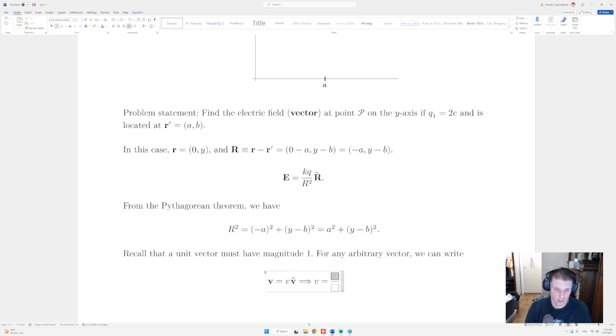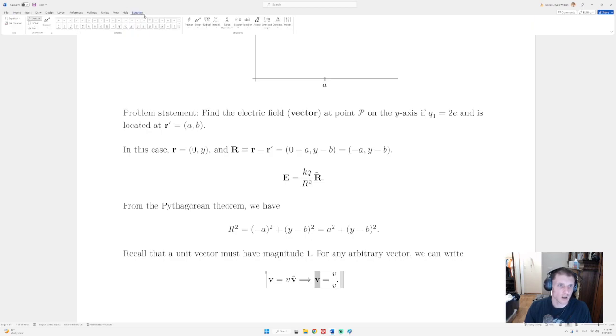I'm going to have to go through and format this again. It's hard to do very quickly, but this is going to be v hat on the left that we're solving for. This is v on top. I can still do basic algebra, I think. And down here is the magnitude. So this is good, and this is our blueprint for solving for something like big R hat here.